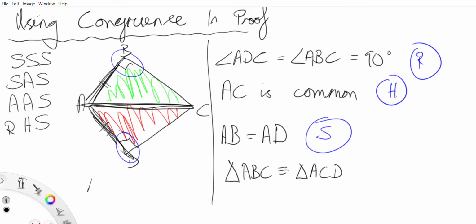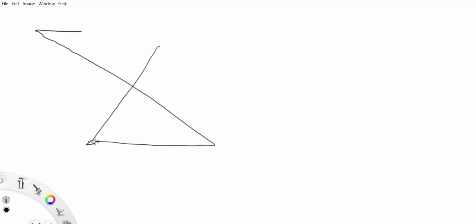The next part of this gets a little bit more tricky. Okay, so we're going to have this shape here, and this length and this length are the same.